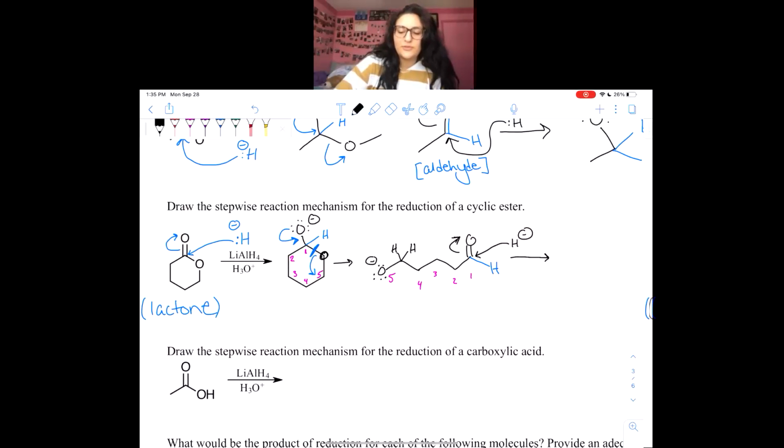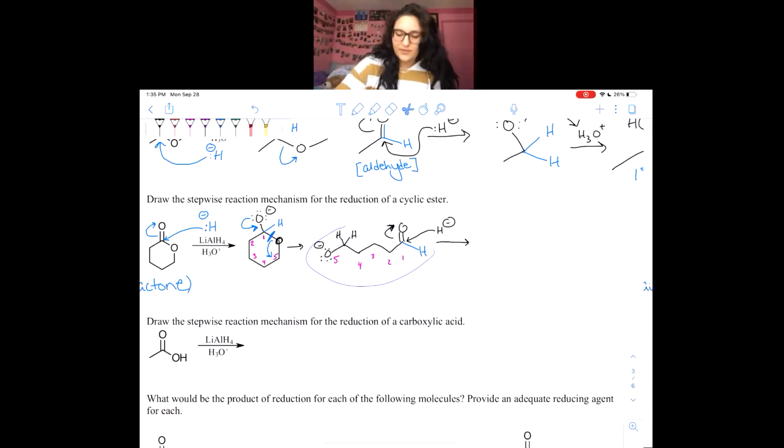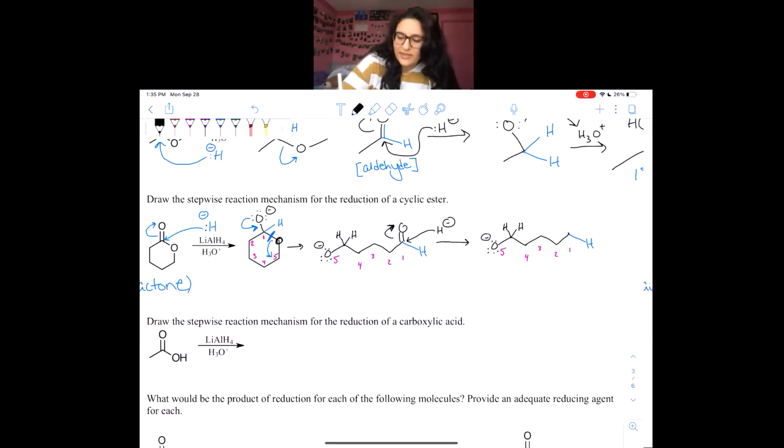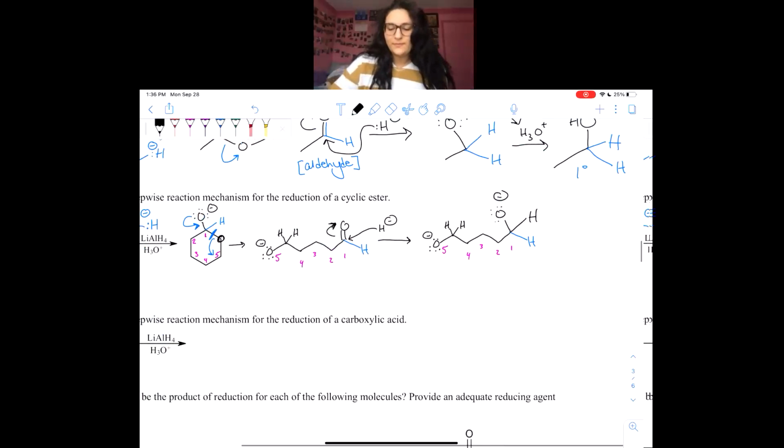But you could have also protonated and then continued with the reaction. It doesn't matter. I'm just going to duplicate because I'm lazy. And now the oxygen has a negative charge again, and we added another H. At this point, what are we going to do? I kind of already gave away the answer.